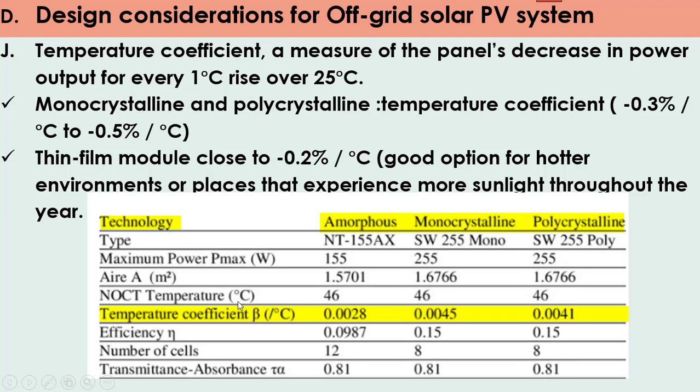So the temperature coefficient for polycrystalline silicon of this type is less than that of monocrystalline silicon. It means that this polycrystalline silicon is more suitable for hotter climates than monocrystalline silicon.